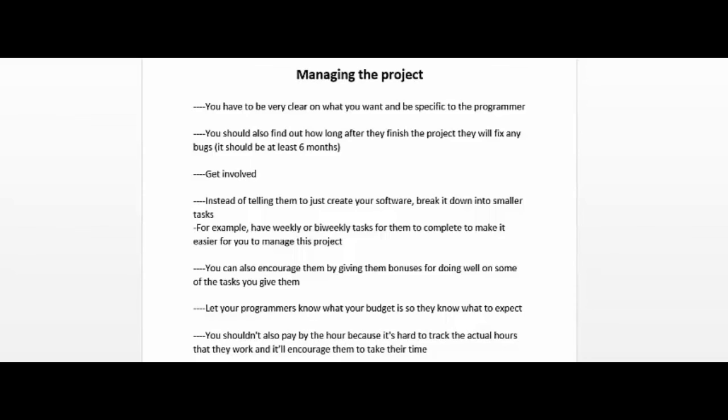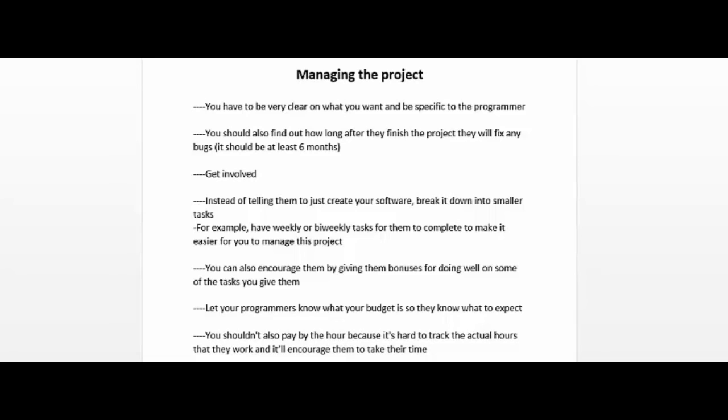Instead of just telling them to create your software product, you should break it down into smaller tasks so that it is easier to work on and easier for you to monitor the progress of your software product. For example, you can have weekly or bi-weekly tasks or goals for them to complete to make it easier for you to manage this project.